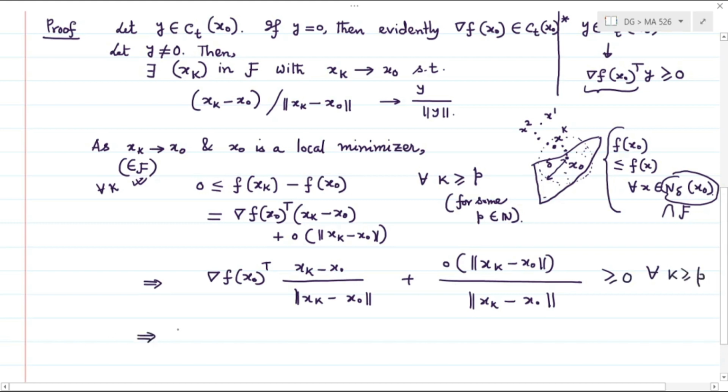Now as k tends to infinity, on the left hand side what you have is gradient f x naught transpose y divided by norm y, plus this element, which by the definition of small o is equal to 0.